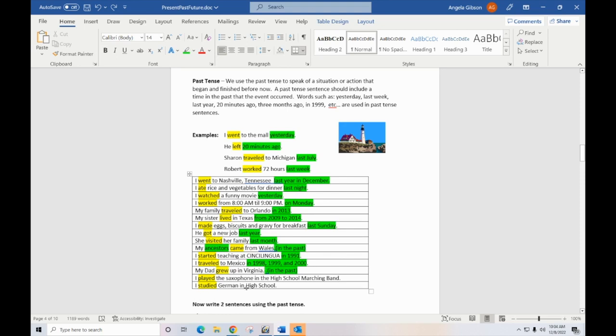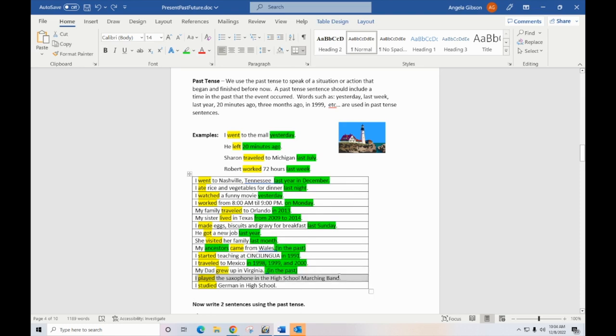These last two, it might be easier to understand what I'm saying. I played the saxophone in the high school marching band. Okay, I'm not in high school right now. You can look at me and say, she is not a high school student. So when I was in high school, that was in the past.